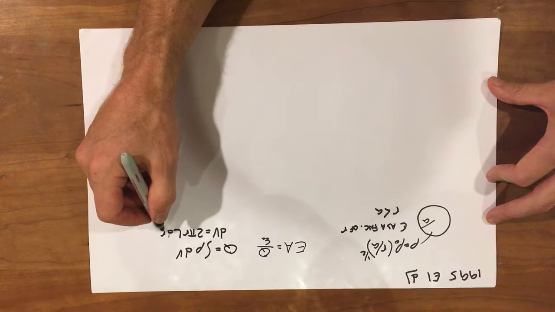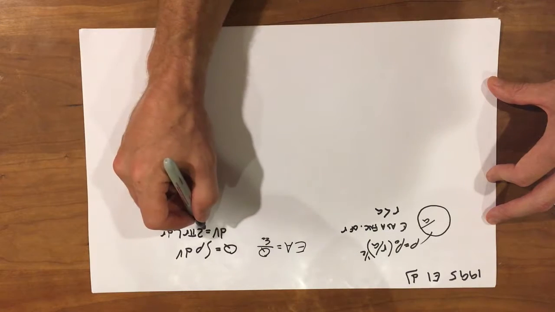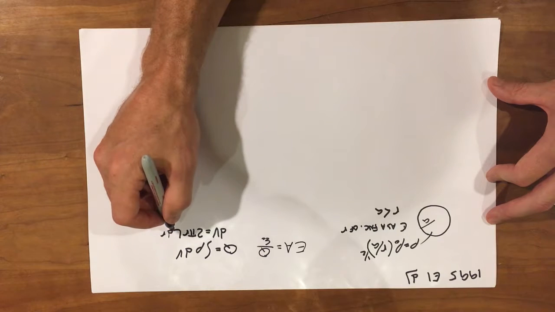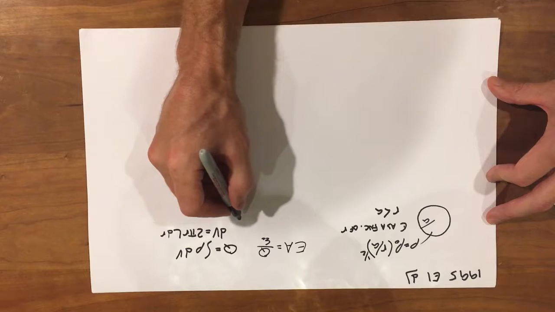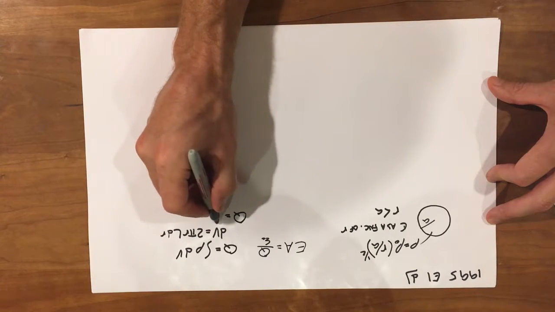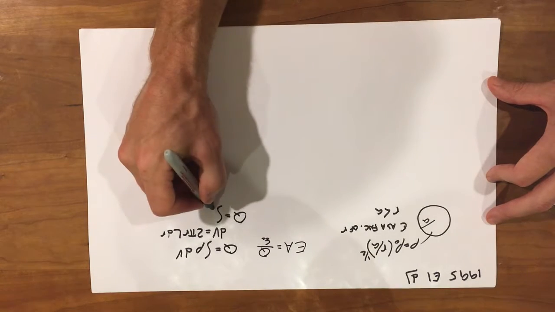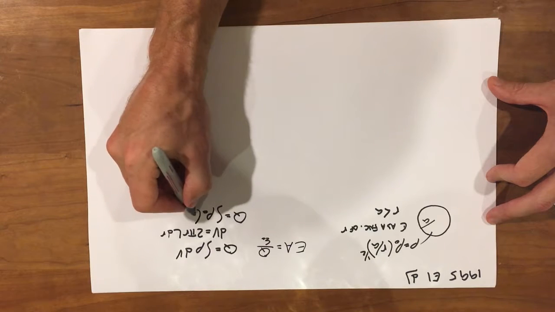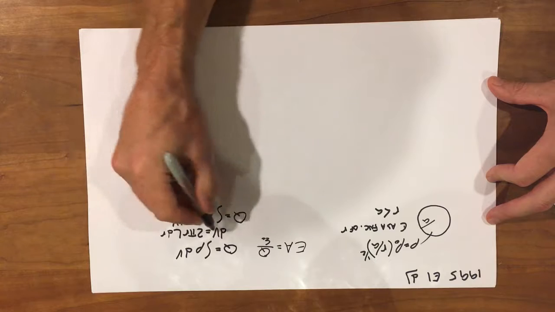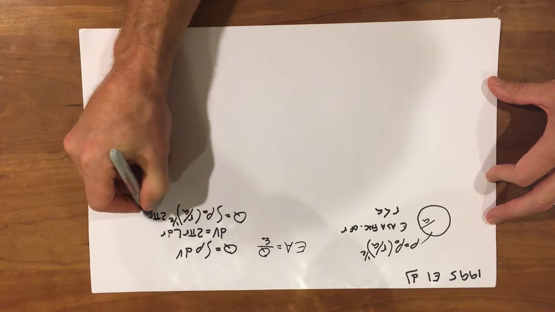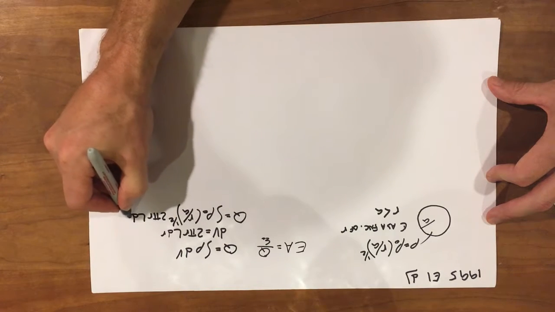Plugging this dV back in, Q is then equal to the integral of rho naught r over a to the 1/2, times 2 pi r L dr.